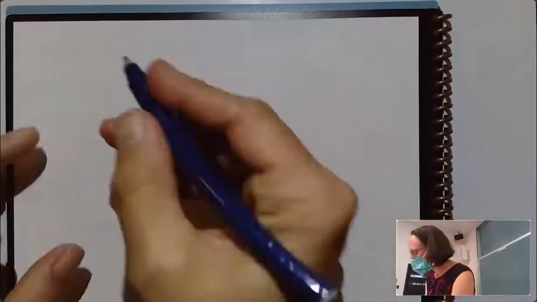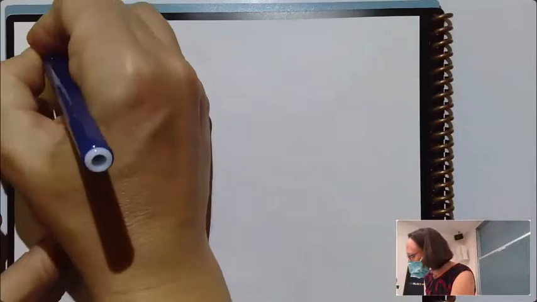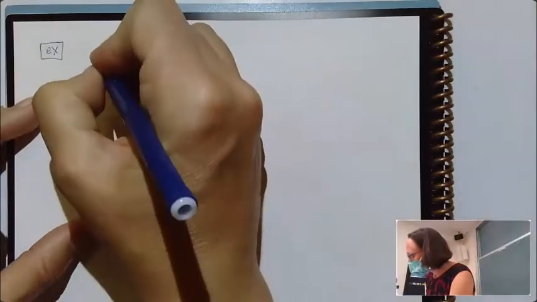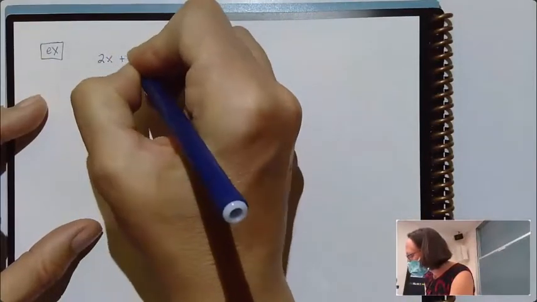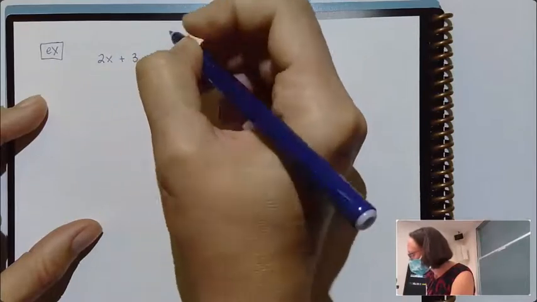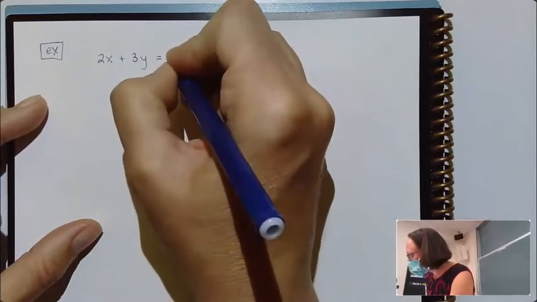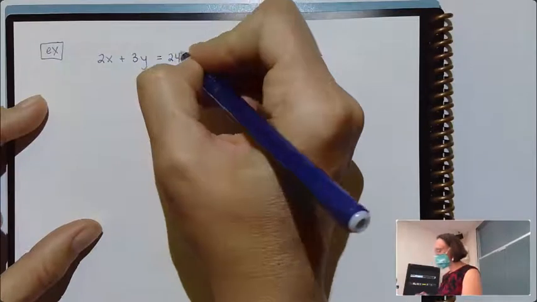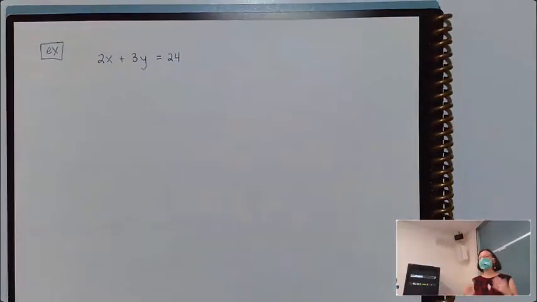So let's say I'm looking at 2x plus 3y is equal to 24. It is important that we're able to recognize that this is the equation of a line.